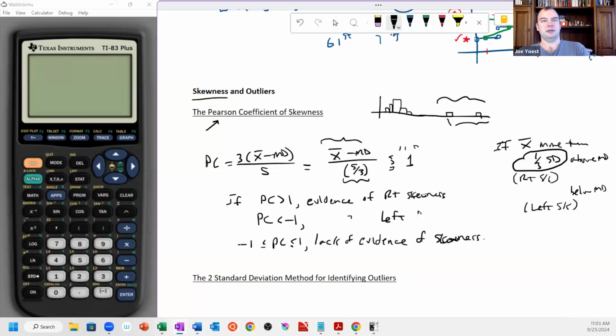It doesn't quite pass that boundary of +1. You can disagree with the conclusion of the Pearson coefficient of skewedness in light of the other characteristics of the data set. But the Pearson coefficient of skewedness itself and the claims that it makes are completely objective.